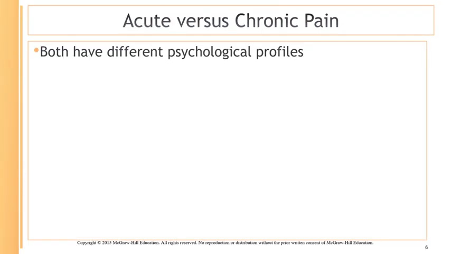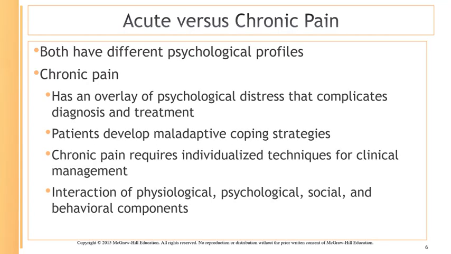So acute and chronic pain both have different psychological profiles. With chronic pain, there's an overlay of psychological distress that often exacerbates and complicates the diagnosis and treatment. And so with patients with chronic pain, it's often wise to look at their psychological, social, and behavioral components of their pain.